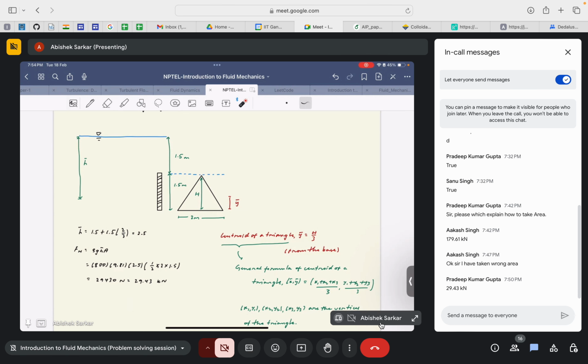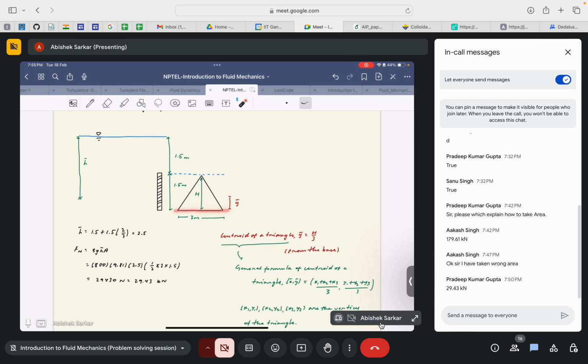For the centroid of a right triangle, where the height of the triangle is perpendicular to its base, the centroid is at a distance of h by 3. So if the height of that particular right triangle is h, then the centroid of the triangle is at a distance of h by 3 from its base.